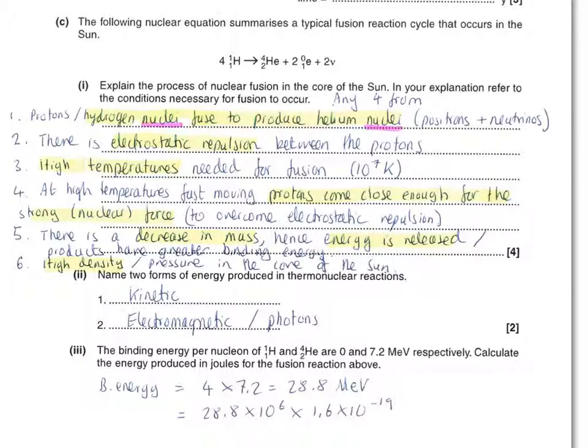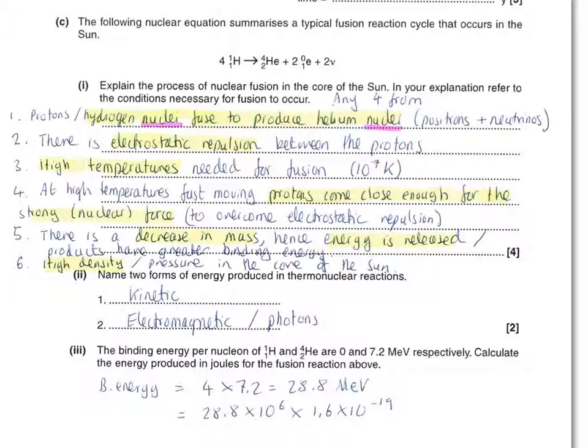Secondly, thinking about conditions necessary and how fusion would be achieved, there is the problem that electrostatic repulsion exists between protons. So there would need to be a force to overcome this. The condition to achieve that is high temperatures of the order of 10 to the 7 Kelvin.